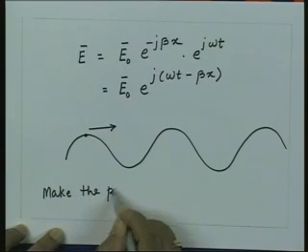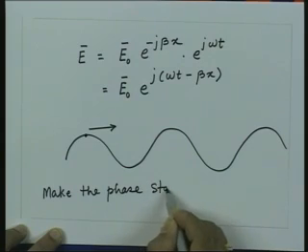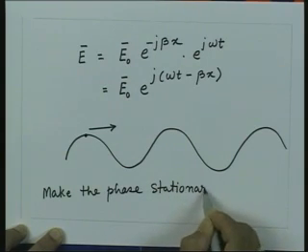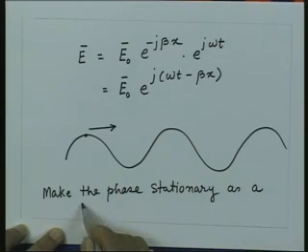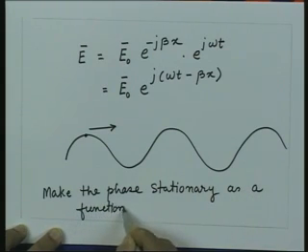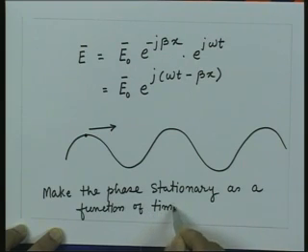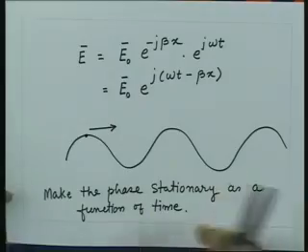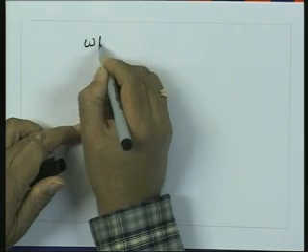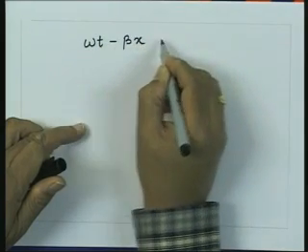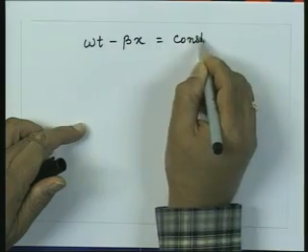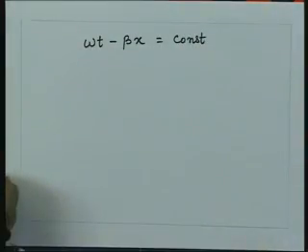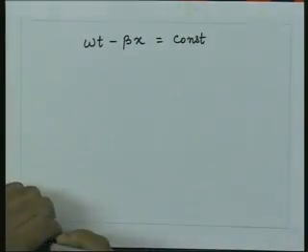So what we say is that make the phase stationary as a function of time to get the velocity of the wave. So if I say that this quantity, which is a total phase, which is a combination of space and time, if I make that constant, I say omega t minus beta x is constant for that observer which is moving with the wave with the velocity of the wave.